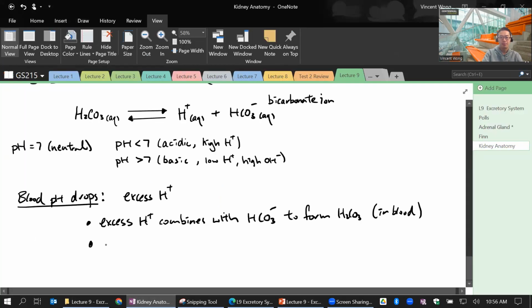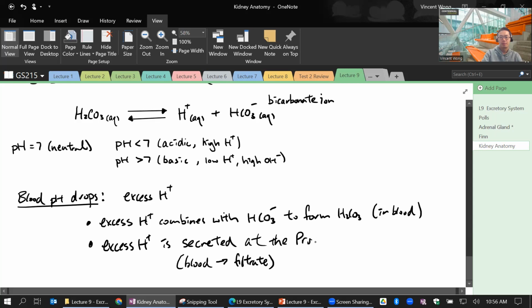At the kidney, excess H+ is secreted. Secreted means from blood to filtrate, at the proximal tubule. So it's going to end up in your urine.